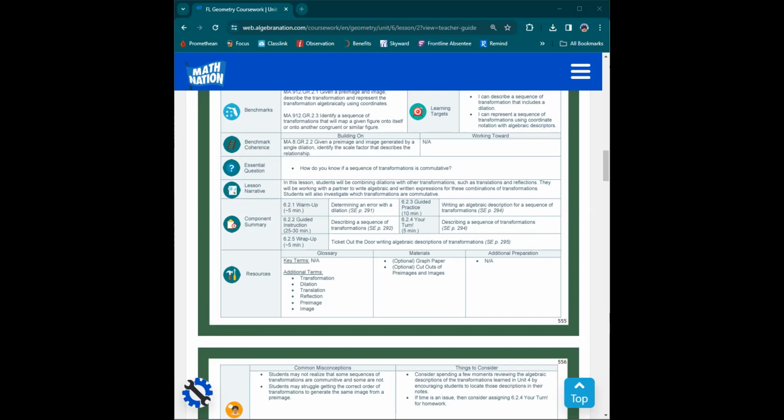My scale factor is anything that I know about my after image or my before, divided by my before. And you notice here that it went from something bigger to something smaller. So you should recognize that my scale factor is going to be a fraction less than 1. Okay, so that's what you should expect to see.